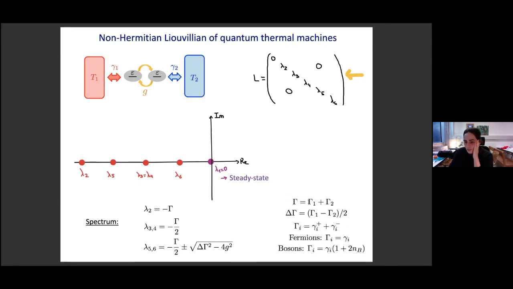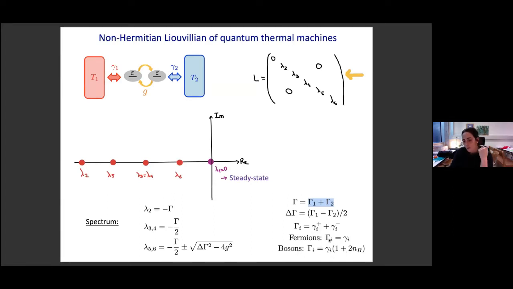Gamma is just the sum of big gamma 1 and big gamma 2. Delta gamma is the difference, the average difference. And these big gammas are just the sum over the incoming and outgoing rates for each bath. For fermions, they reduce to the bare rates. For bosons, they are just given by that.